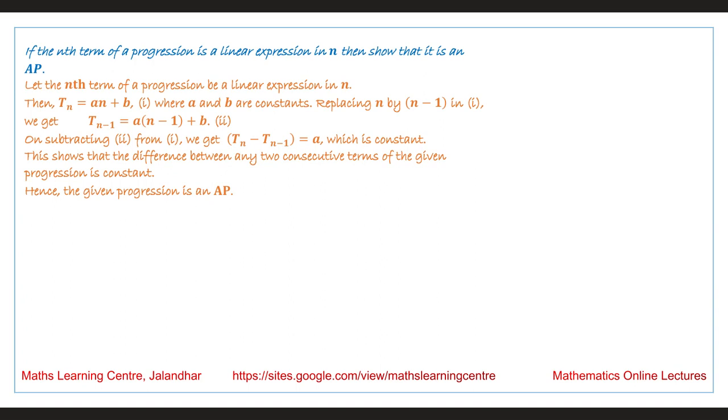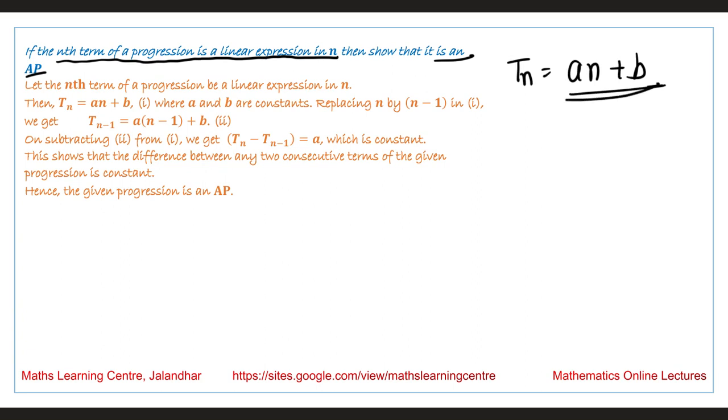Next, if the nth term of a progression is a linear expression in n, we have to show that it is an AP. It is given that Tn is a linear expression, that is, an plus b. We have to prove that it is an AP. If we write the T(n plus 1) term, we get a(n plus 1) plus b.